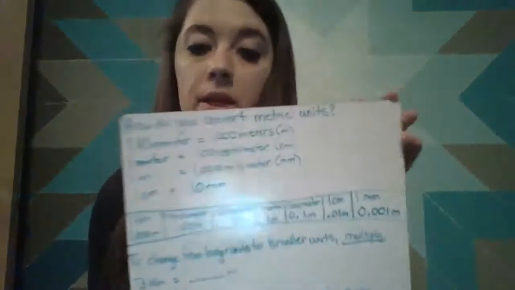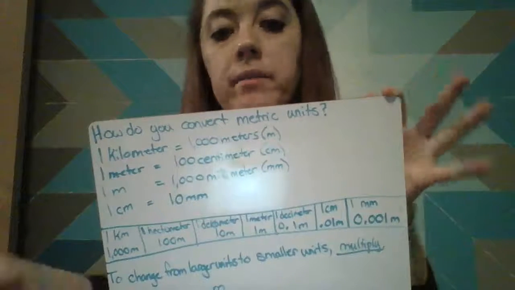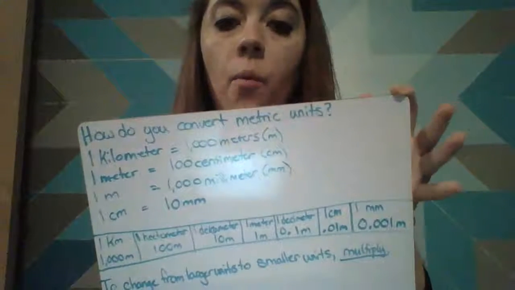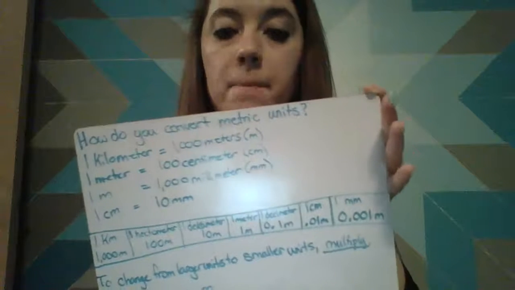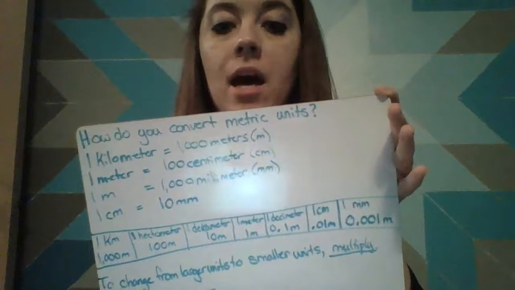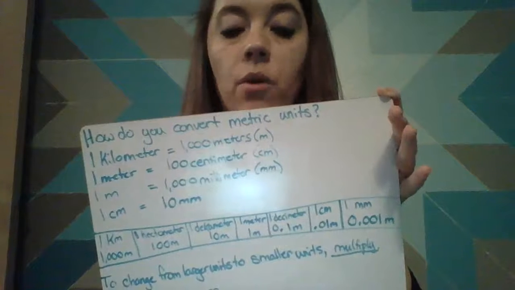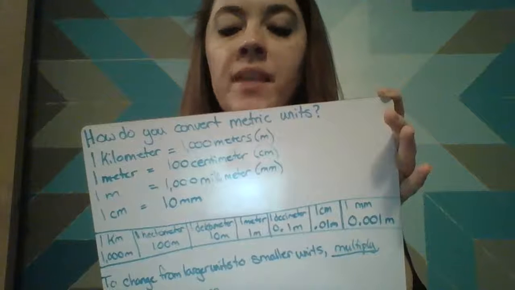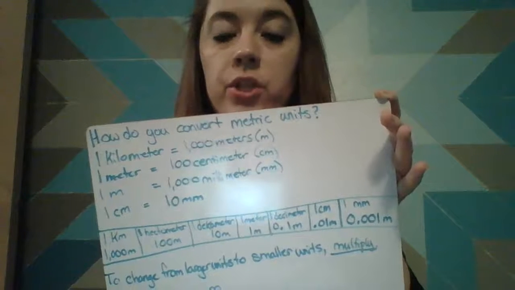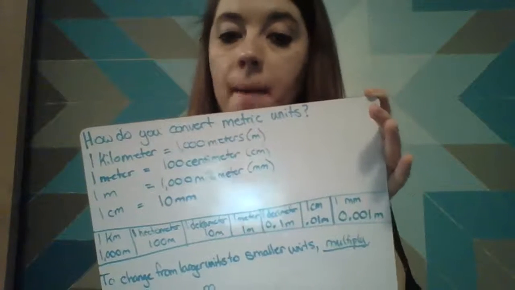A decameter is 10 meters. 1 meter, obviously 1 meter. 1 decimeter is a tenth of a meter, so 0.1 meters. 1 centimeter is a hundredth of a meter, so 0.01 meters. And 1 millimeter is a thousandth of a meter, so 0.001 meters.